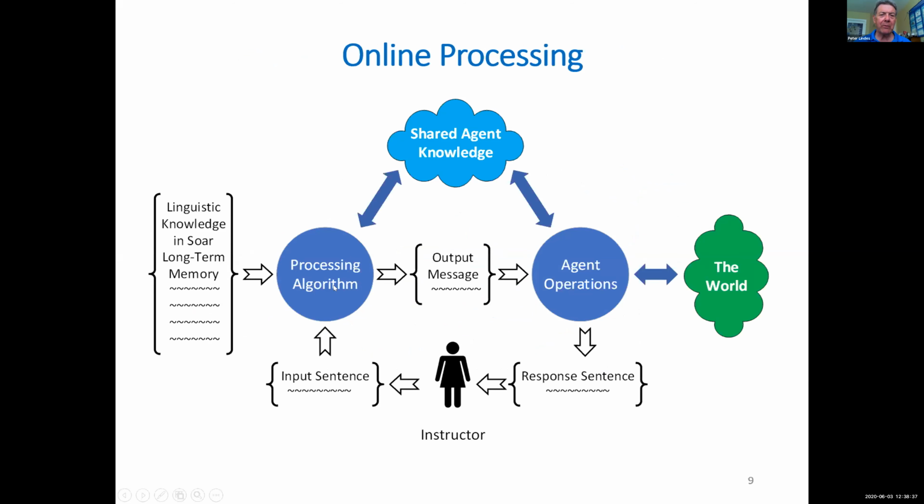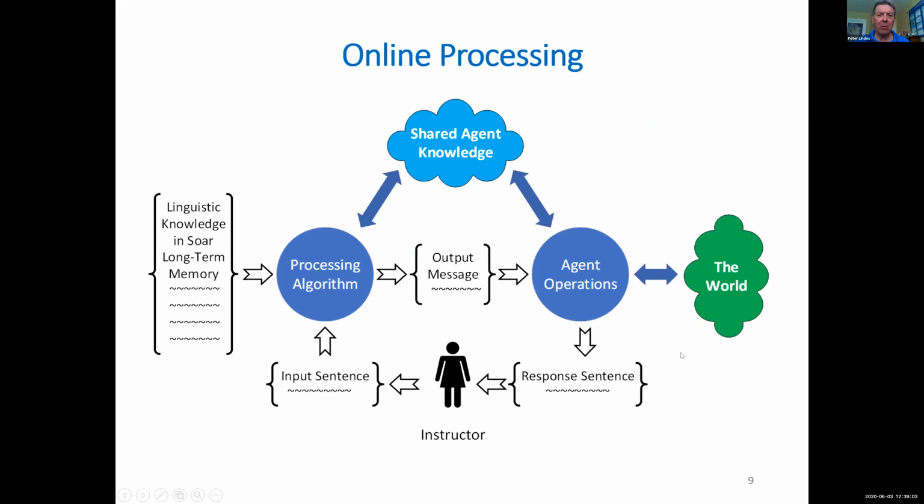That goes into our processing algorithm, which also has access to a bunch of linguistic knowledge that's in Soar long-term memories. It also has access to this shared agent knowledge to ground things to, and produces an output message that goes to the operational part of Rosie that then can interact with the world and also produce a response back to the instructor. And we go around this loop doing interactive task learning.